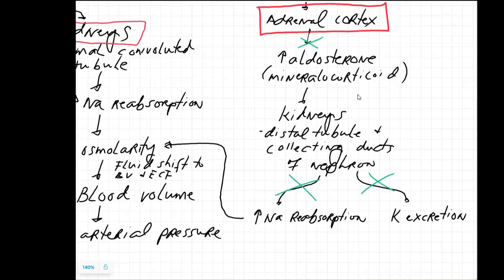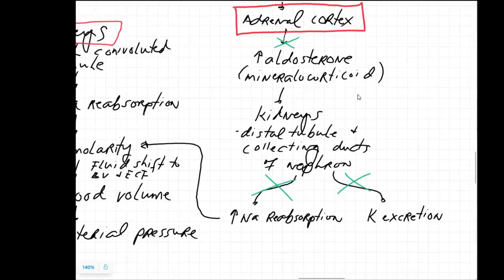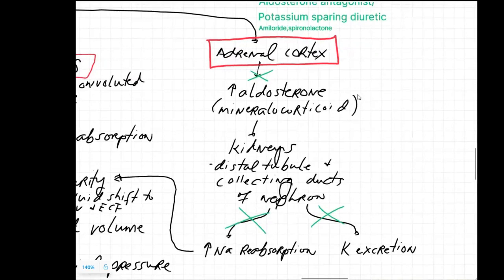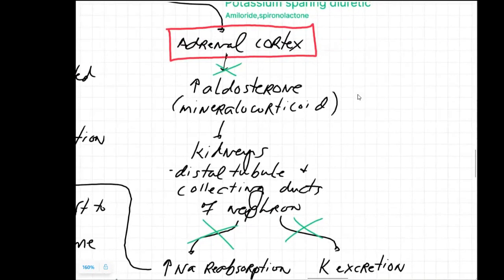Now, however, some important side effects or other effects of the aldosterone inhibitor can be remembered by thinking that this is, again, something that acts in the adrenal cortex. So because it acts in the adrenal cortex, it also technically inadvertently causes androgen inhibition.